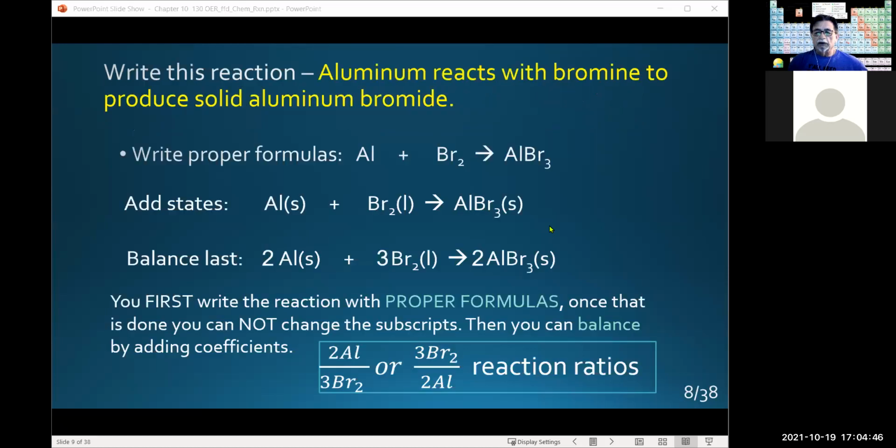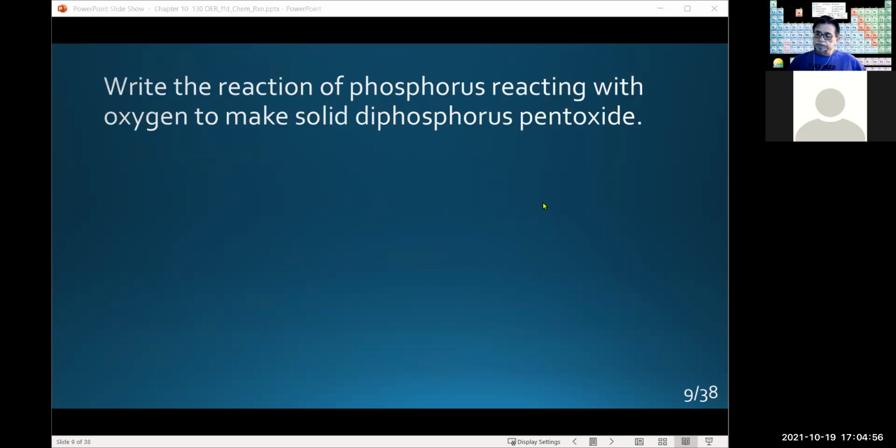All right. Now, up to now, we've been creating ionic compounds, right? Now here, not quite. It says, write the reaction of phosphorus reacting with oxygen to make solid diphosphorus pentoxide.